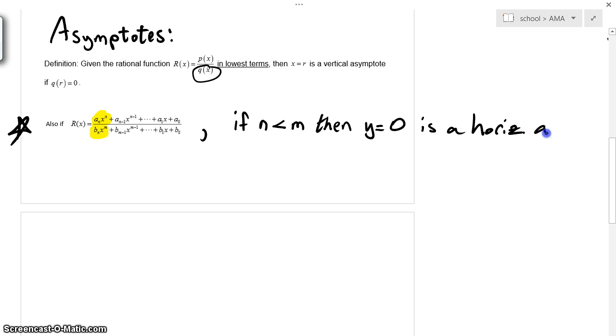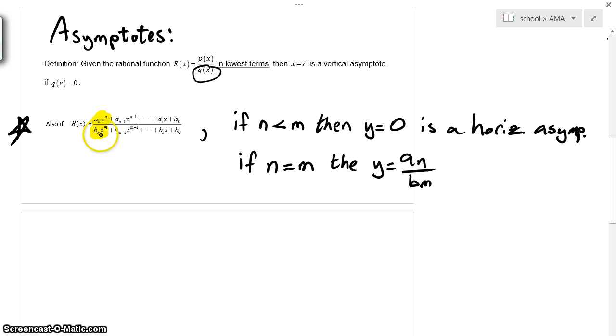A horizontal line always will have the form y equals some number. If n were to equal m, then y equals a sub n divided by b sub m is a horizontal asymptote.